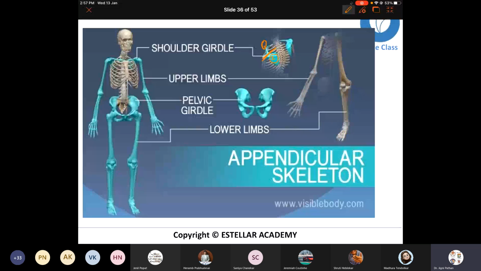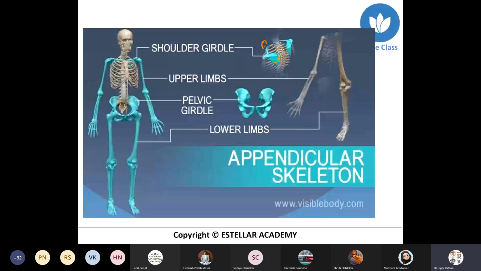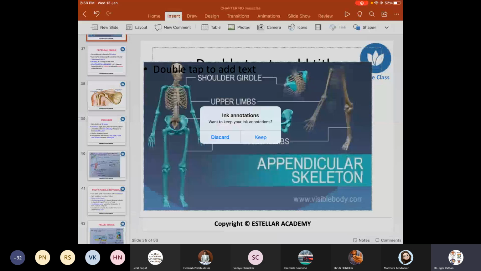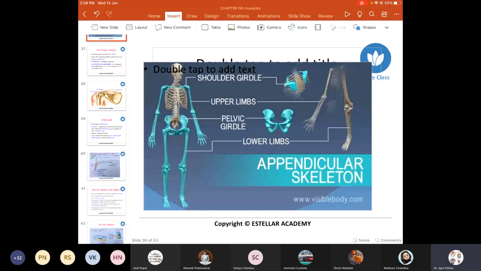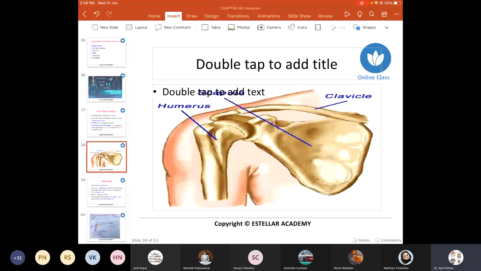If you see here, just a minute. Can you see this? The backside butterfly bone.